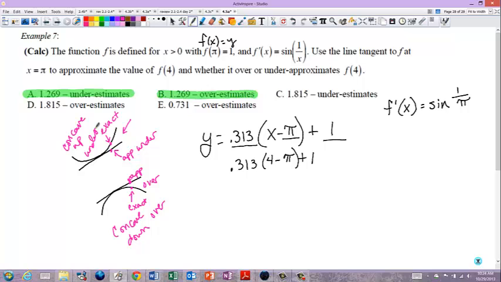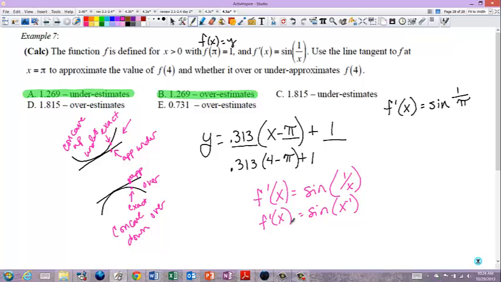So you have to figure out, how do you determine concavity? Well, second derivative. So if f prime of x equals sine of 1 over x, or let's rewrite this as sine of x to the negative 1 to be easier, this is my first derivative. Or I could do derivative at a point on my calculator. I don't even have to take it because this is a with calculator question.